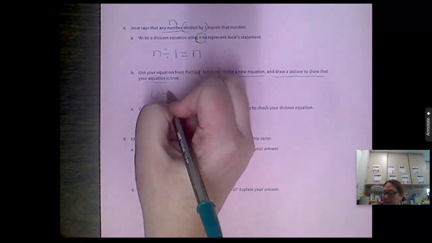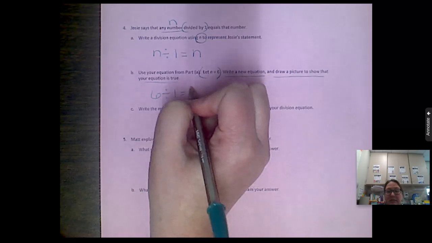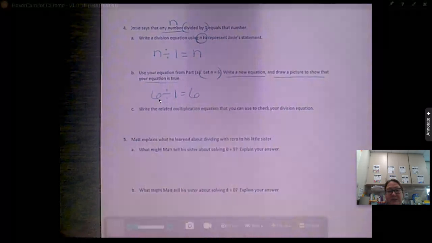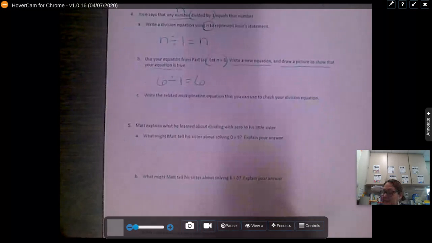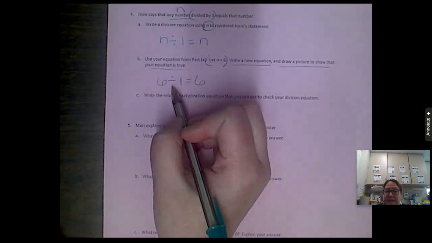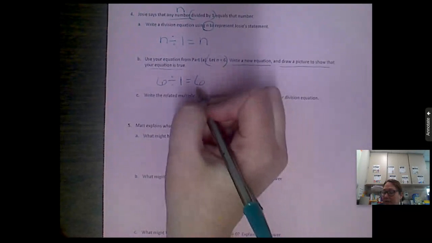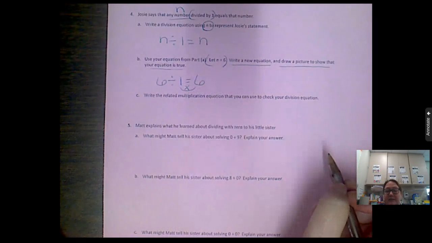So 6 divided by 1 equals 6, because n equals 6. Do we agree with that? Yeah. Because I can also do my check. The opposite of division is multiplication. So I could say 6 times 1 equals 6, right?